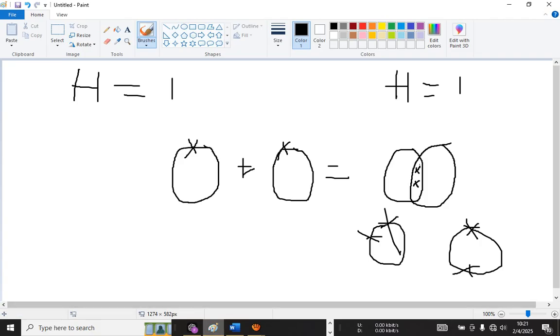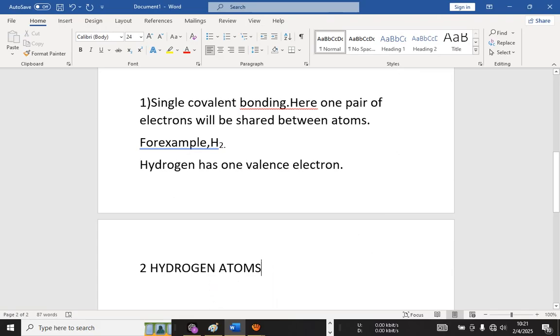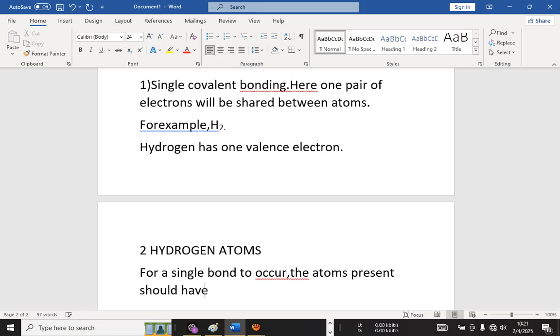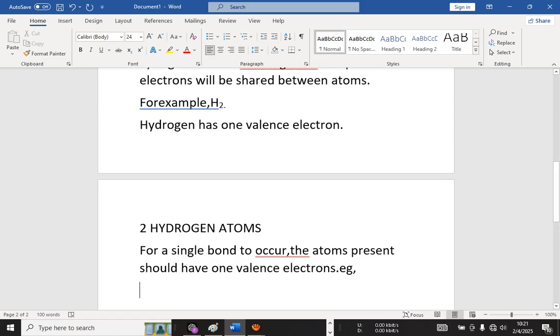So what you should know is that for a single bond to occur, the atoms present should have one valence electron. Some other examples: for instance, we had hydrogen and we have seen it in detail.